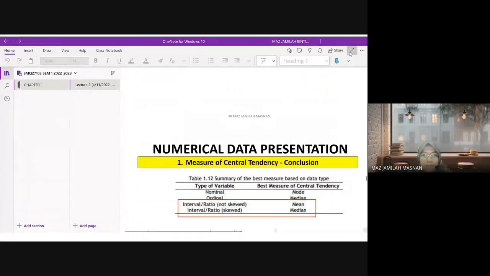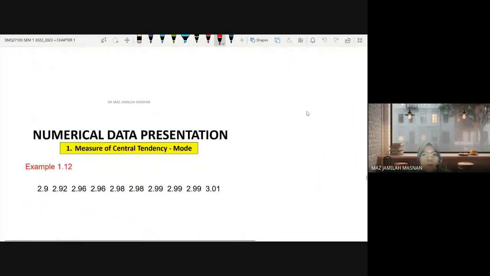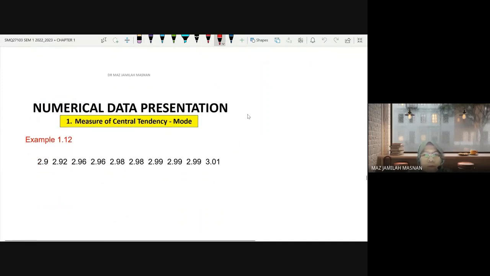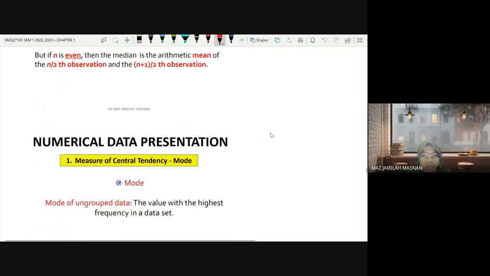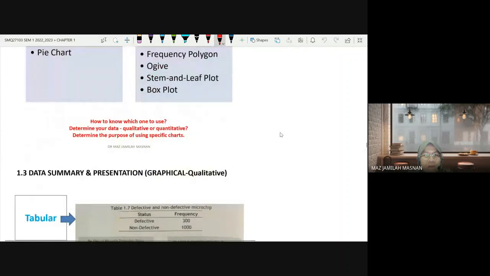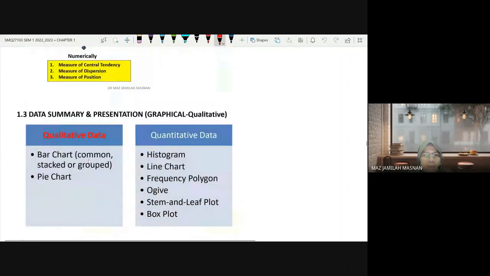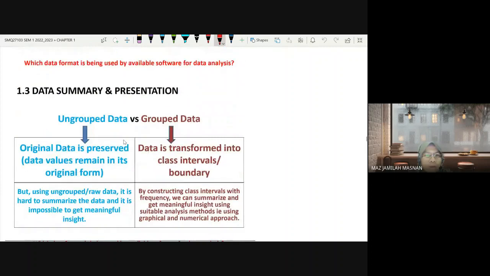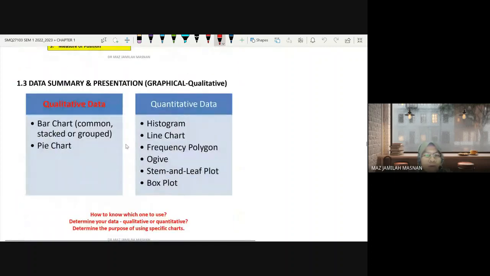If you don't have any more questions, I would like to go straight to our chapter. Last time we discussed until qualitative data presentation. For qualitative data presentation, we have seen bar chart, we have seen pie chart, and I think that's all.